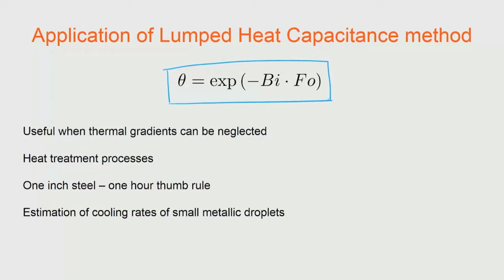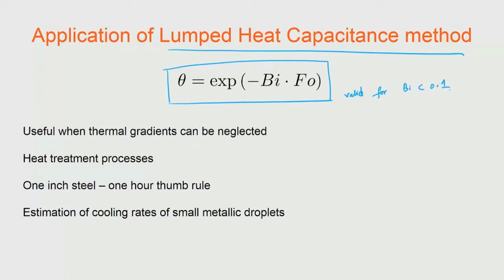It means that the scaled temperature theta is equal to exponential of minus Biot number into Fourier number, and this is referred to as the lumped heat capacity method, because we are lumping the entire heat capacity of the body as having just one temperature and seeing how the temperature is dropping because of the heat transfer from the surface. Now, this is valid, we already saw, for Biot number less than 0.1.